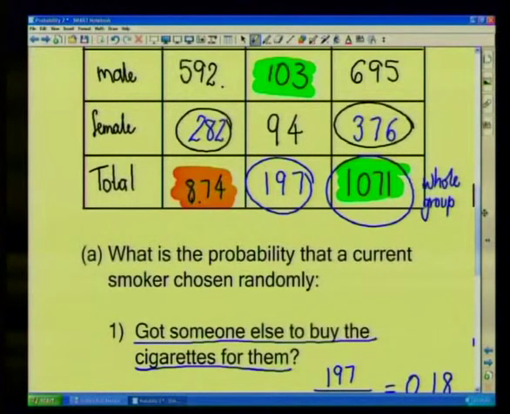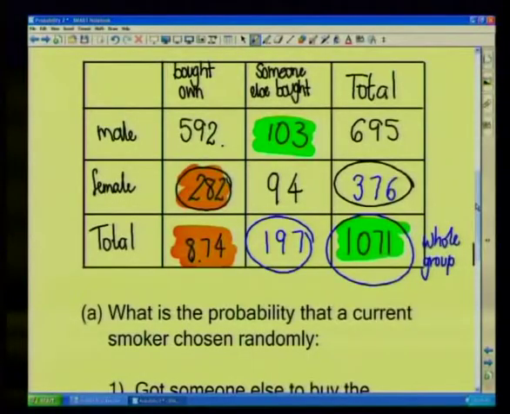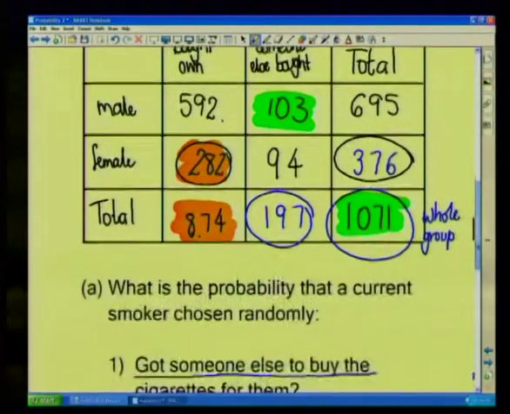You can see I've already put a little circle around it. So it's going to be 282. 282 people out of the 874 that actually bought their own cigarettes were female. And you can check that by looking at the whole table. So 282 out of 874 is my answer.